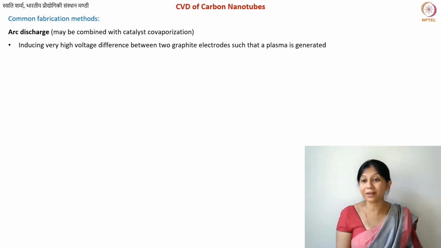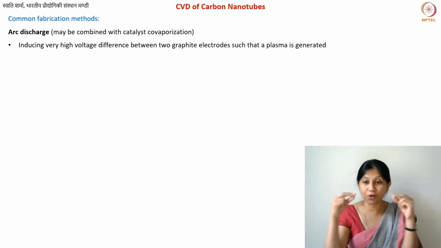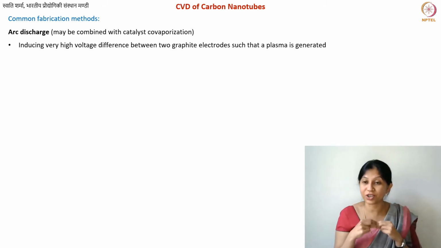What is going to happen in such cases? These kinds of processes are used for making plasma. So if you also have some gas, for example argon, filled inside that chamber where you had your two graphite electrodes very close to each other, and now you created a very high voltage difference, you will have some plasma created, and that plasma will also contain some vapor phase carbon.